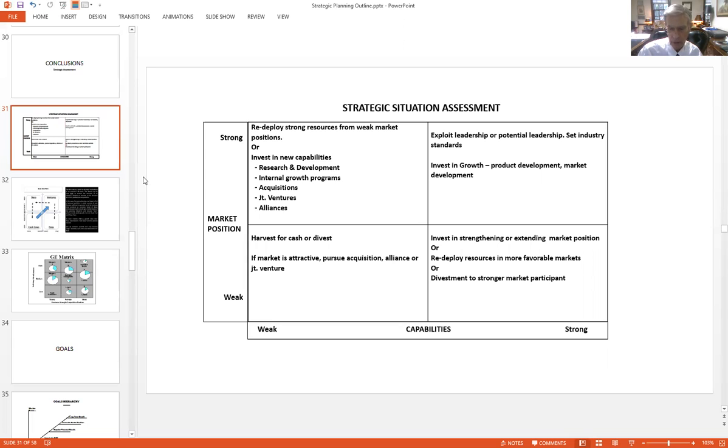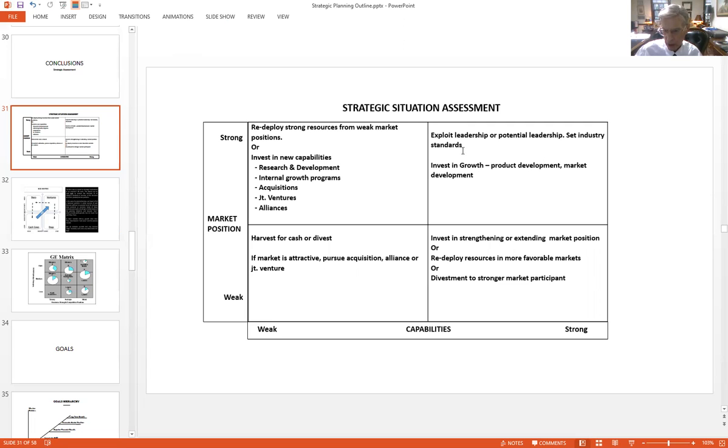Or after we do the situation assessment, realizing that we need to make some changes. We have to build more capabilities in a particular area, but ideally we'll have strong capabilities in a strong market position, and that's where we want to exploit our leadership or potential leadership.